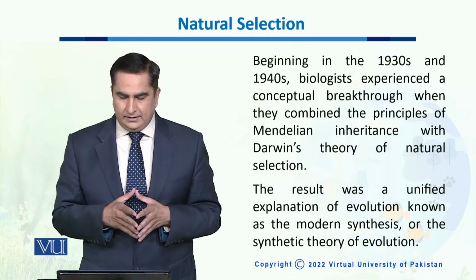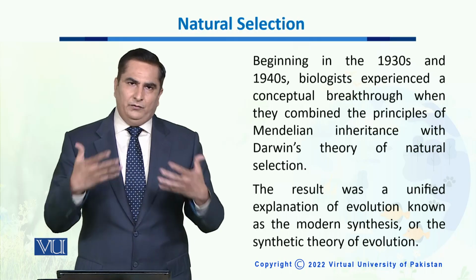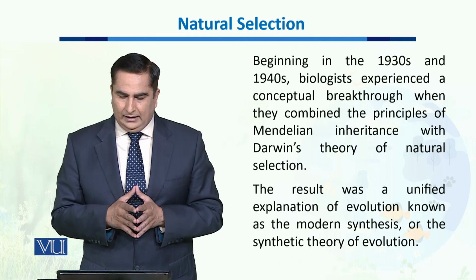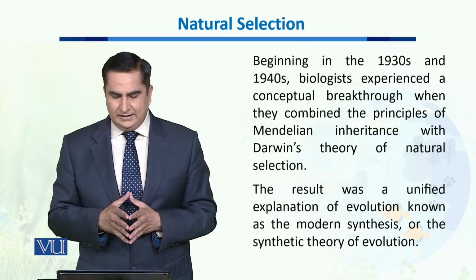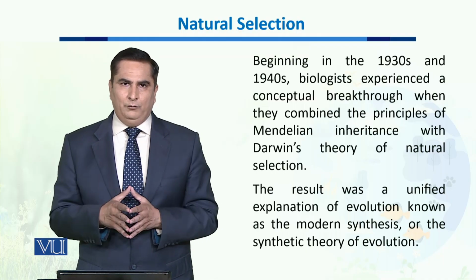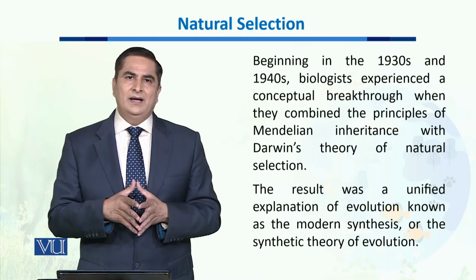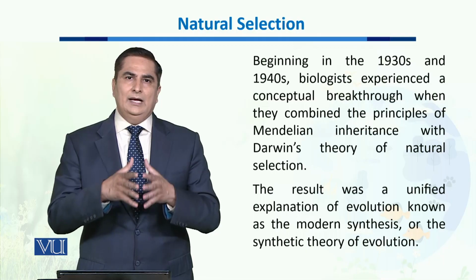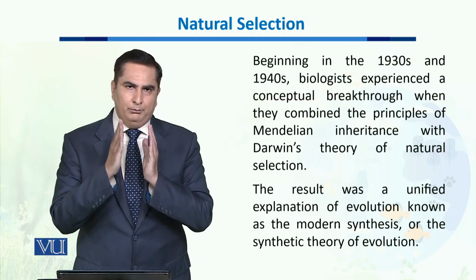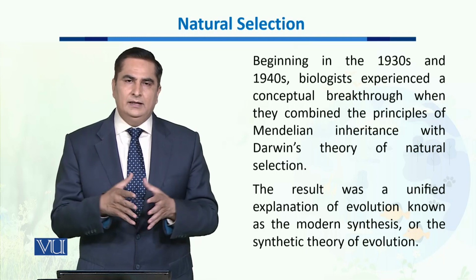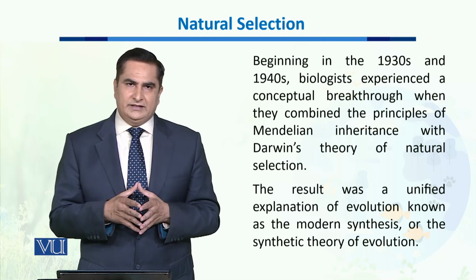As a result, they were able to unify the explanation of evolution, known as the modern synthesis or synthetic theory of evolution, which is the most advanced and most applicable theory that has existed for the origin of species so far.